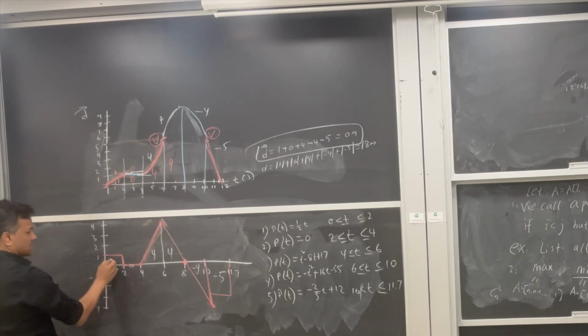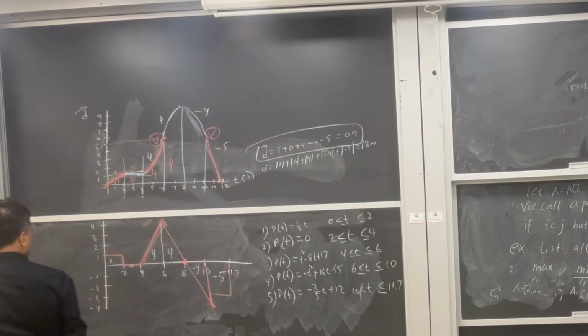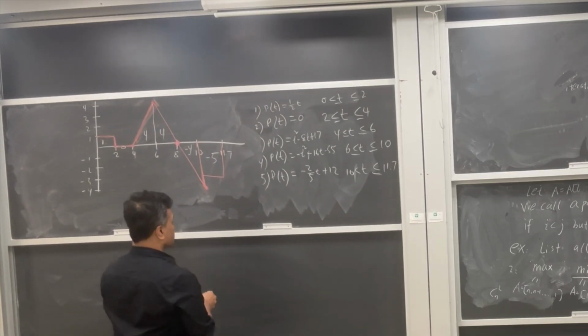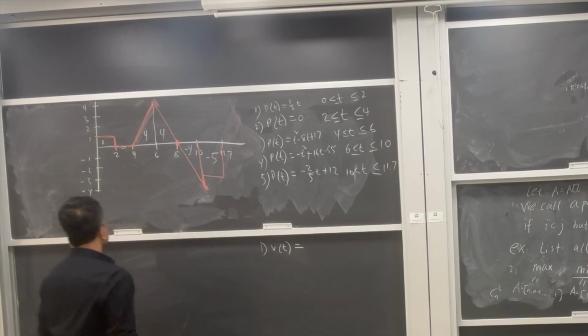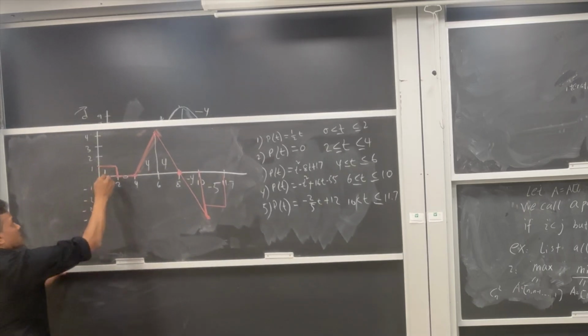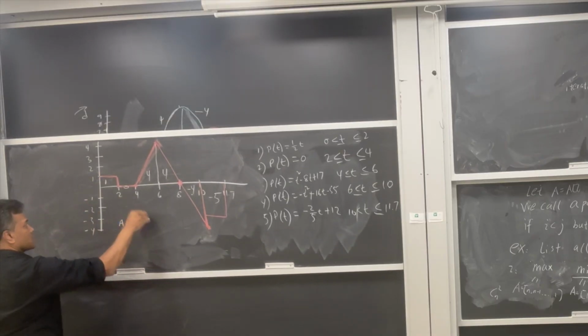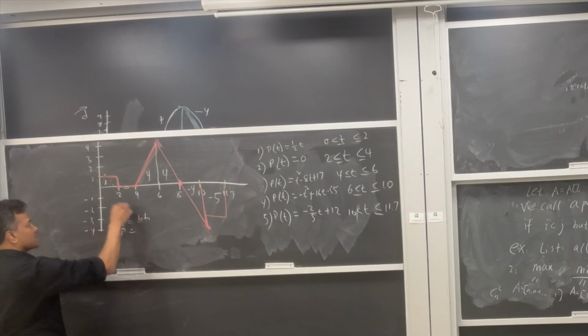Now, how are you going to find the equation over here? So we're going to write the 5 more equations, and we're going to call them the VT graph this time. Number 1, we're going to write V of t is equal to... here we say area is equal to BH, because this is a rectangle. Area is 1, right? Area is displacement, is equal to B times H. B is time, H is velocity.